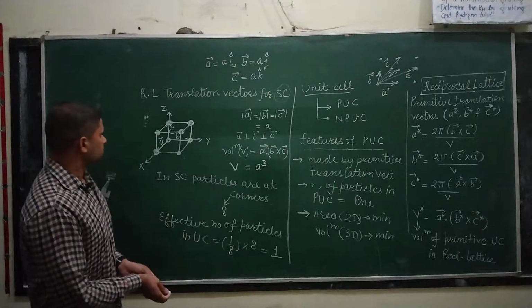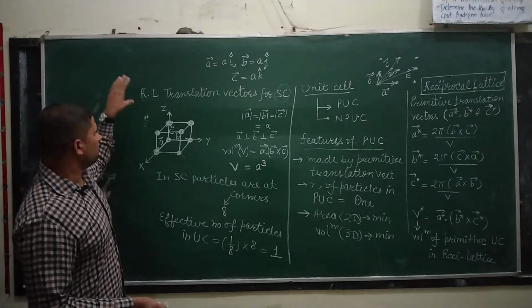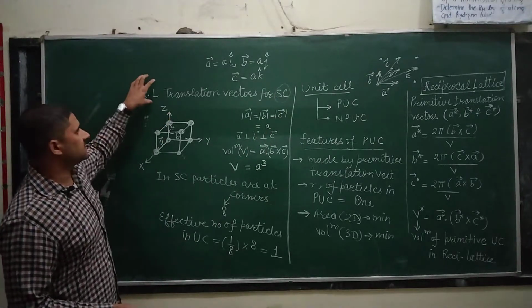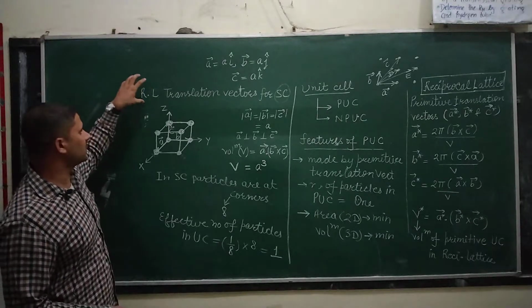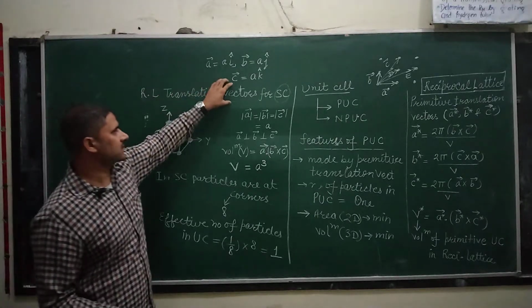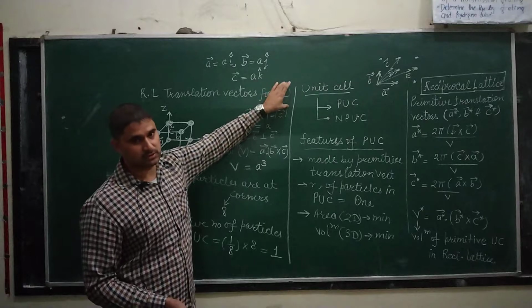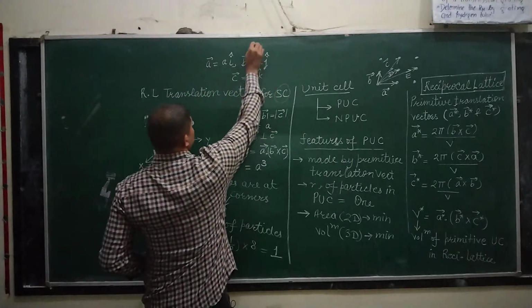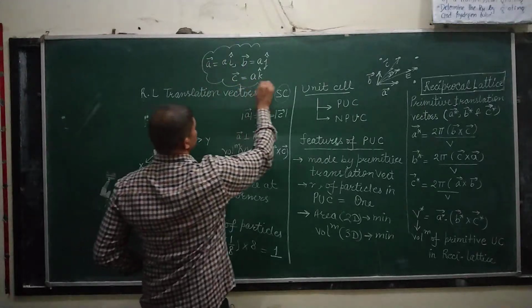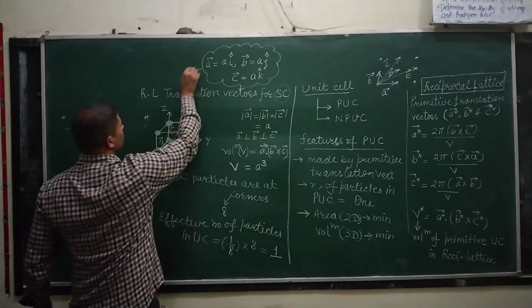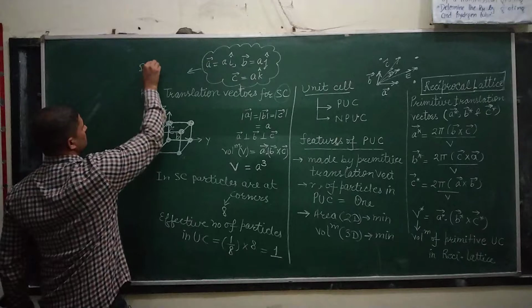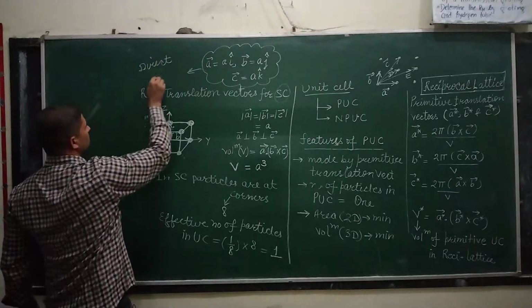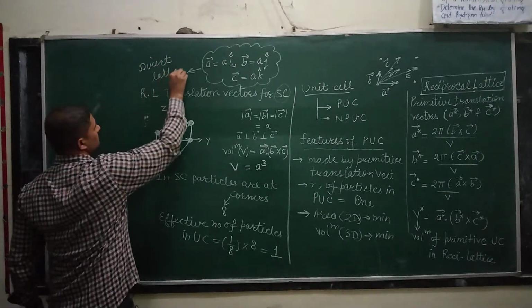Now we are to find the primitive vectors in reciprocal lattice, the translation vectors for simple cubic. So A, B, C, these vectors are in direct lattice.